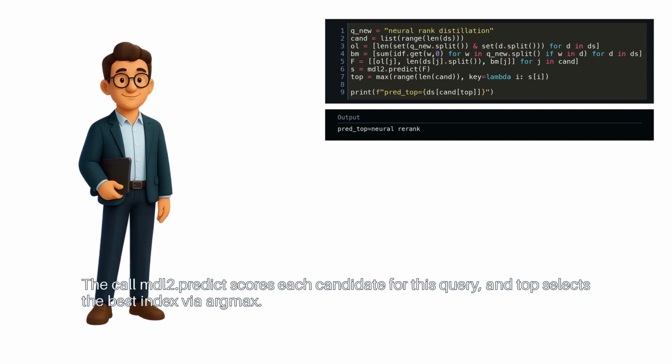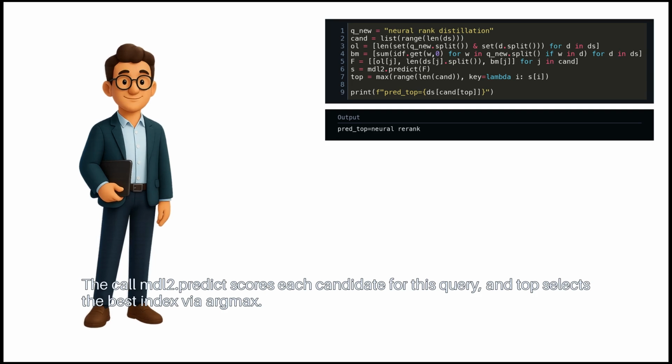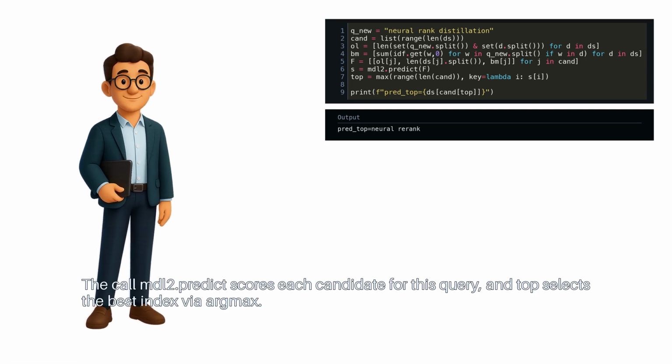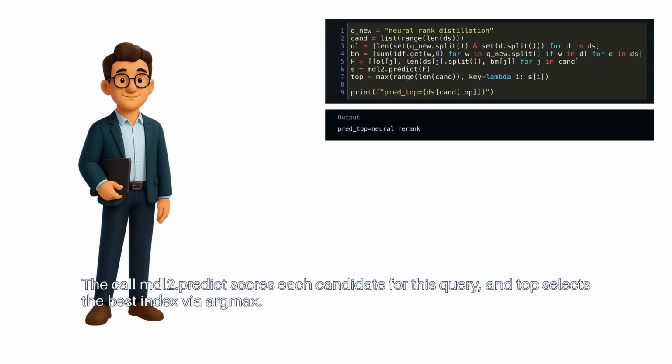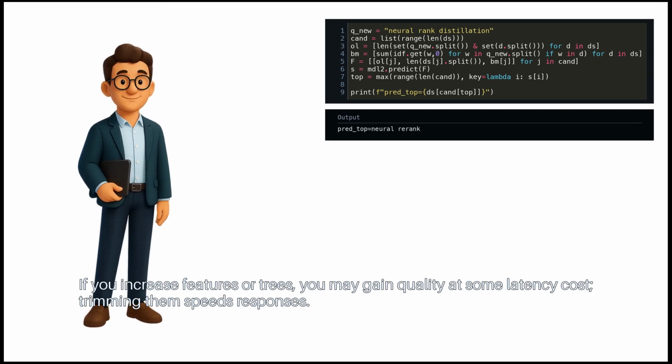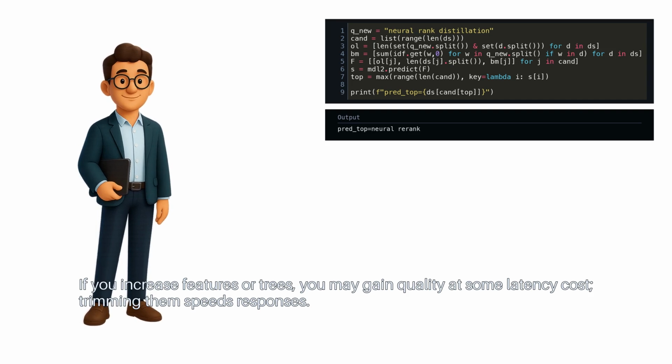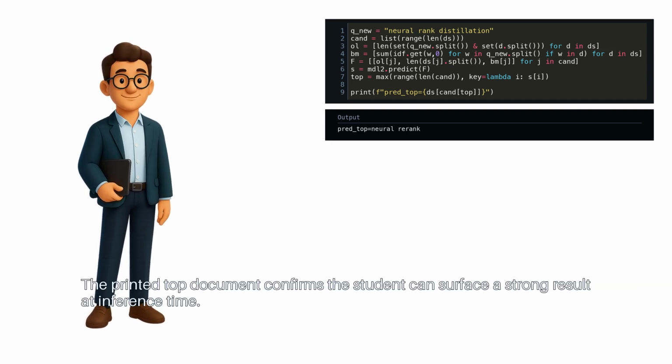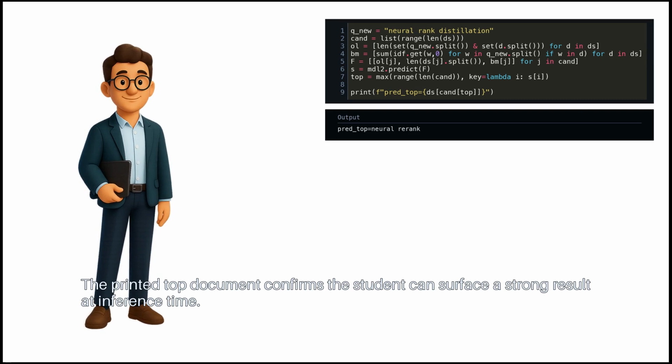The call MDL2.predict scores each candidate for this query, and top selects the best index via argmax. If you increase features or trees, you may gain quality at some latency cost. Trimming them speeds responses. The printed top document confirms the student can surface a strong result at inference time.